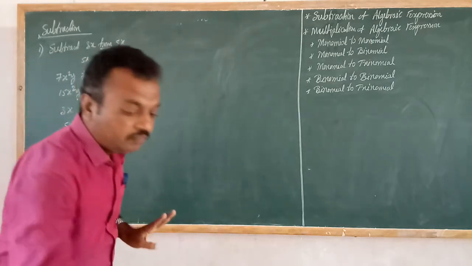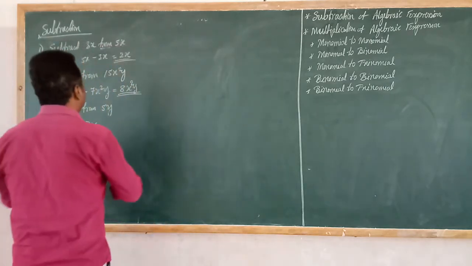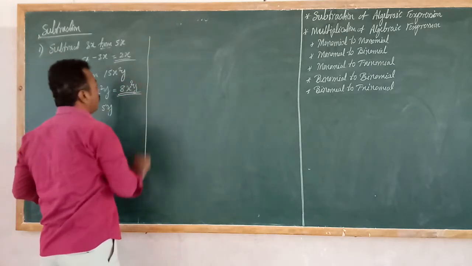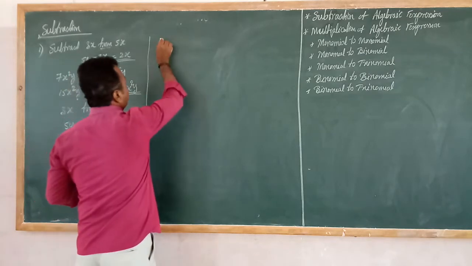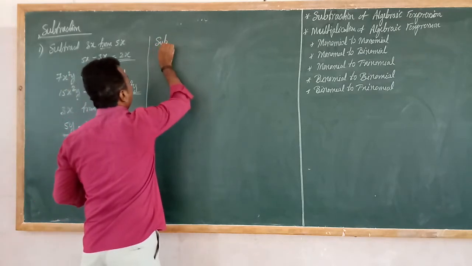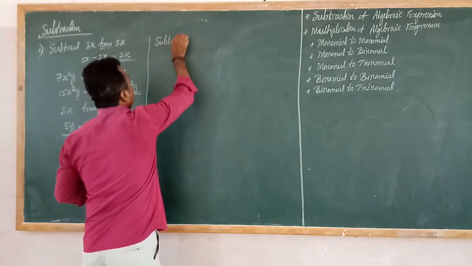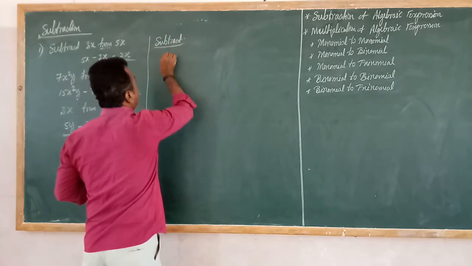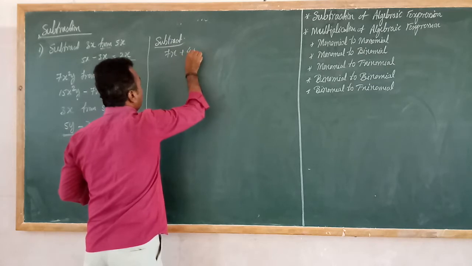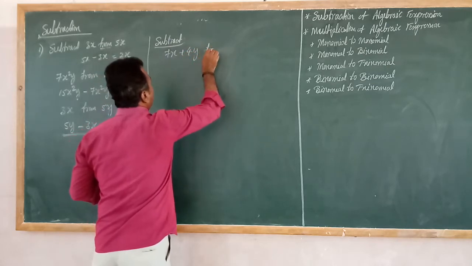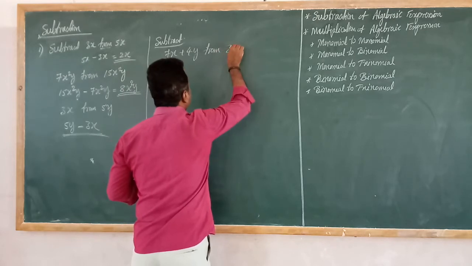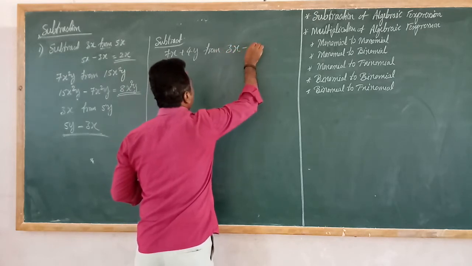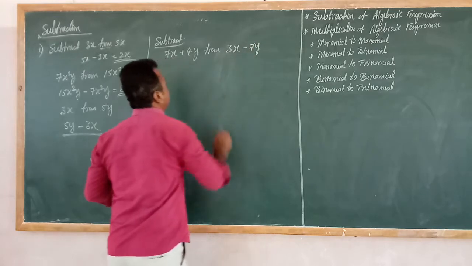Okay, next one students. We have come to monomials, and now binomial to binomial. Subtract 7x plus 4y from 3x minus 7y.